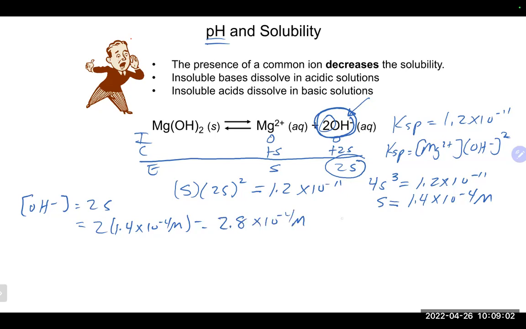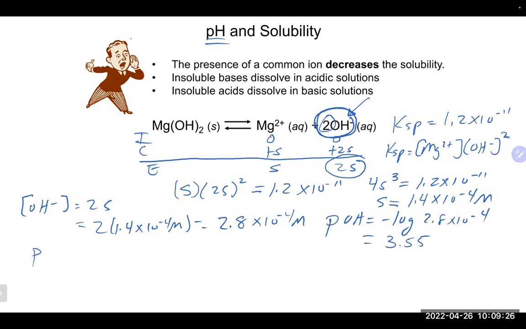That would allow us to calculate our pOH, which I believe should give us a pOH of 3.55.